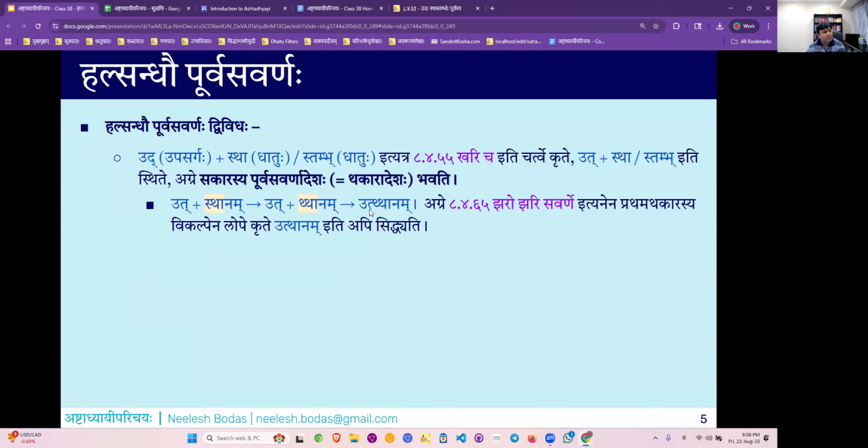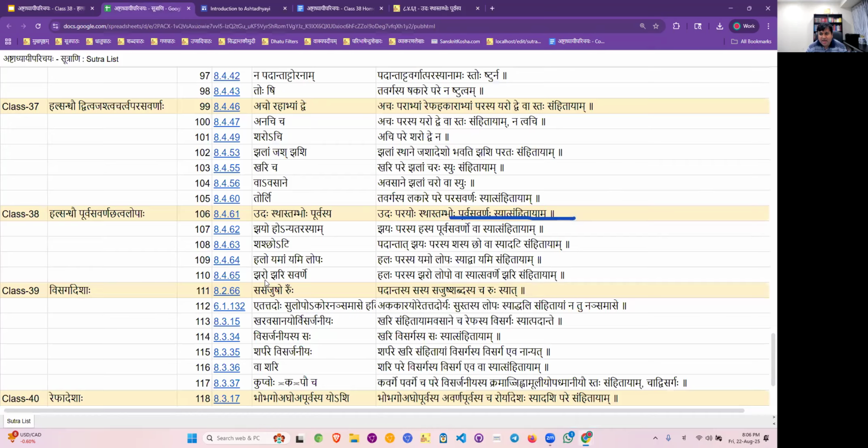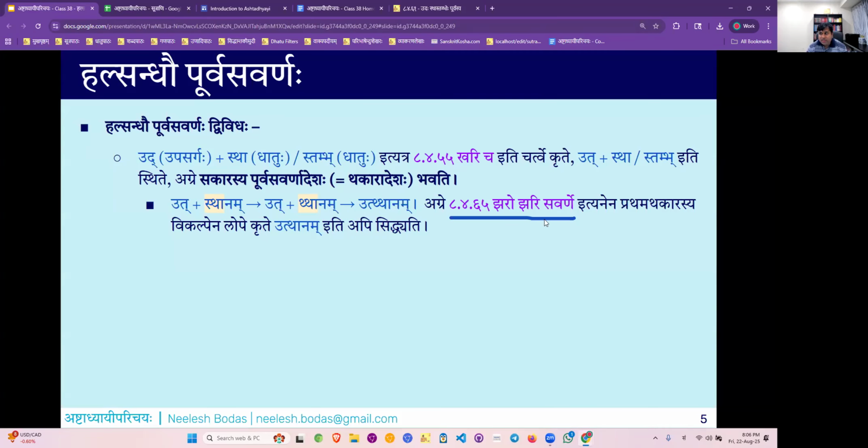So that's uttathanam. And agre, we are going to see this sutram of lopa. So there is this sutram Jharo jhari savarne, the last sutram of today's class that we are going to study. अग्रे झरो झरि सवर्णे इत्यनेन प्रथम थकारस्य विकल्पेन लोपे कृते उत्थानम इत्यपि सिद्ध्यति.